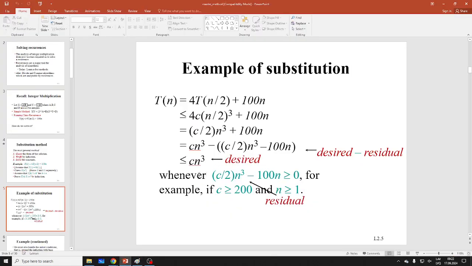So you say, okay, if you take c at least 200 and you put 200 here, then the recurrence is going to be less than the desired cn cubed. So that means the complexity is O of n cubed.